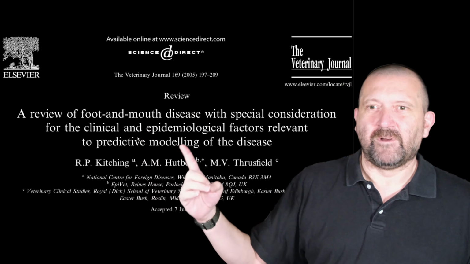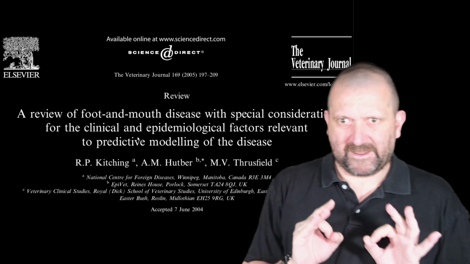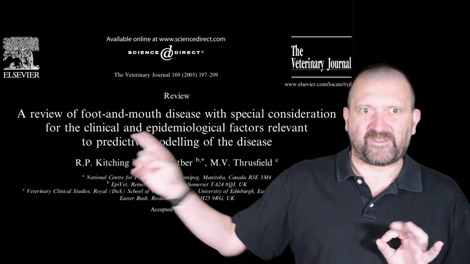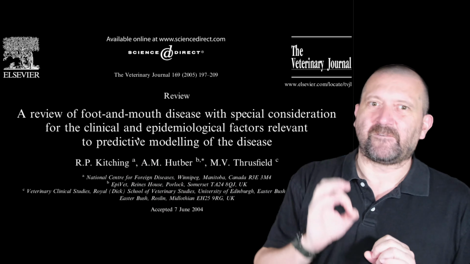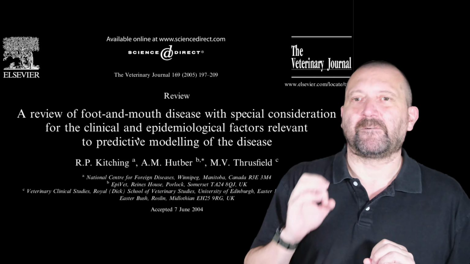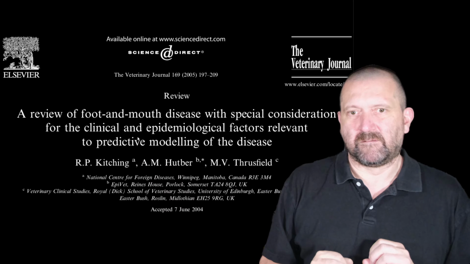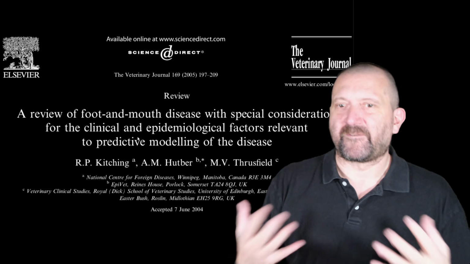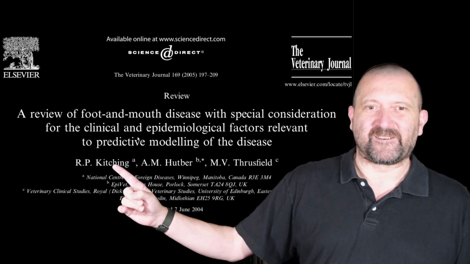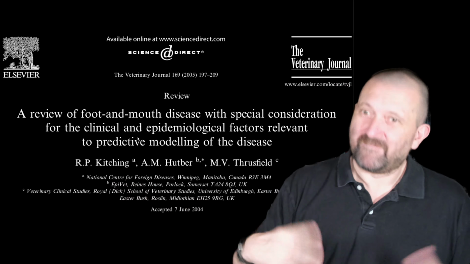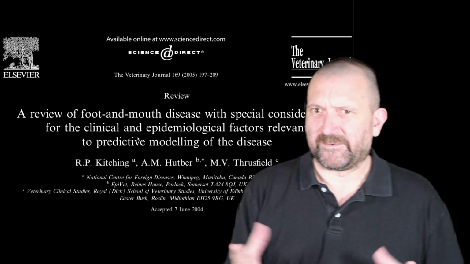This one is interesting because, as you can see in the title, they are looking at factors that could be relevant when you're writing models, in terms of parameterization and so on. And at the time, just a remark in passing, Kitching was here in Winnipeg. I don't know if he still is here, but he was at the time.